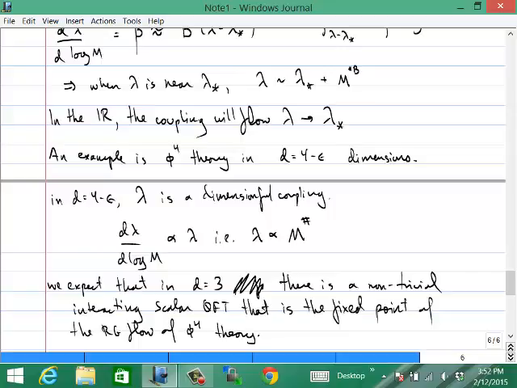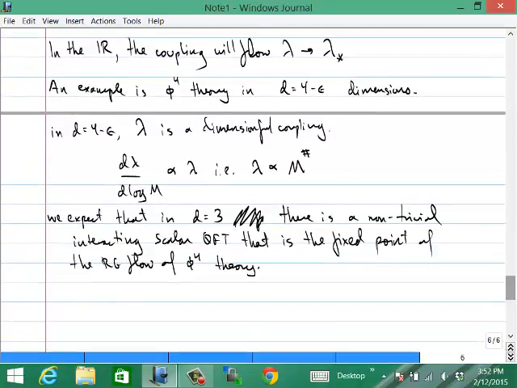This theory is known as the Wilson-Fisher fixed point, or the Wilson-Fisher theory. And it's a non-trivial interacting scalar field theory.